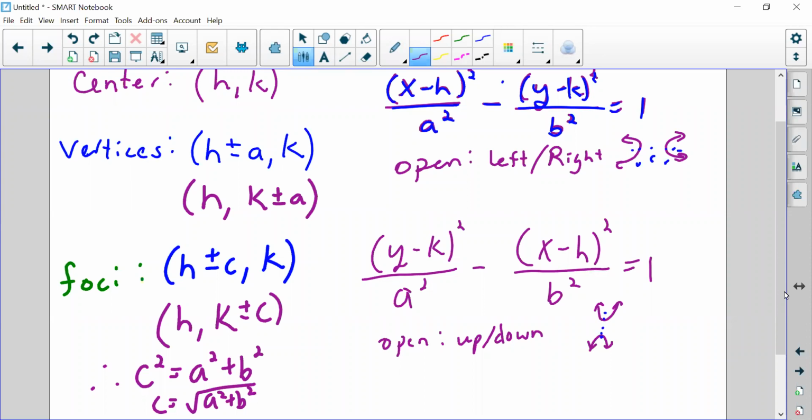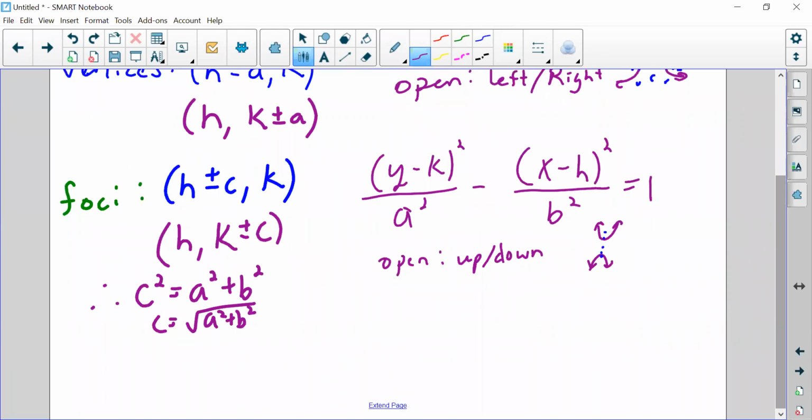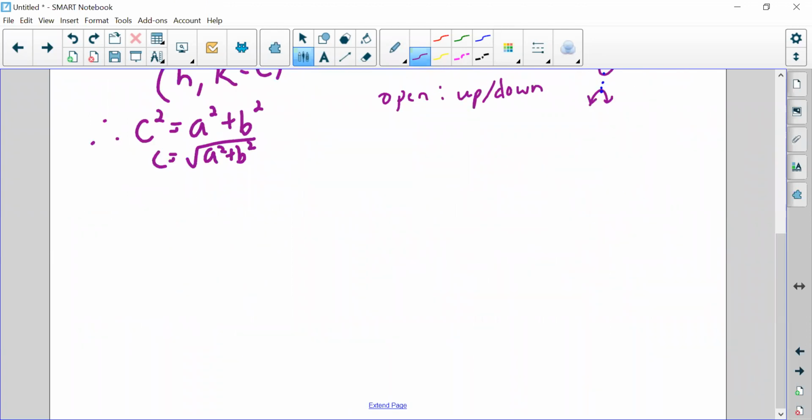Now, something else that was not really talked about too much in the video is on each of these graphs, say a graph is opening to the left and to the right. It looks like this. If I figure the distance from this vertex to this vertex, imagine a line connecting those vertices. We already figured out the center was right in the middle.